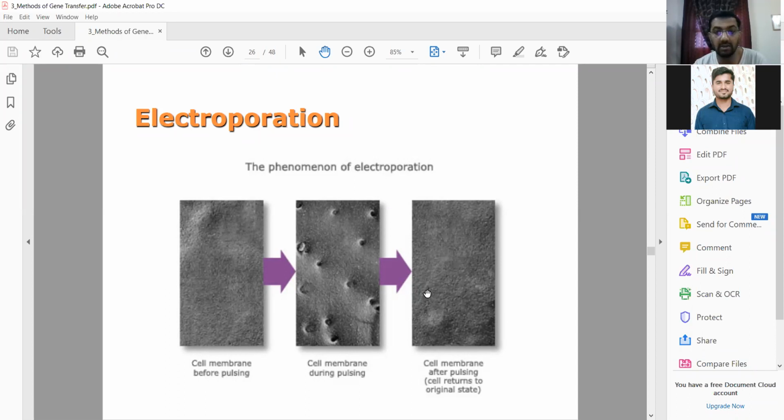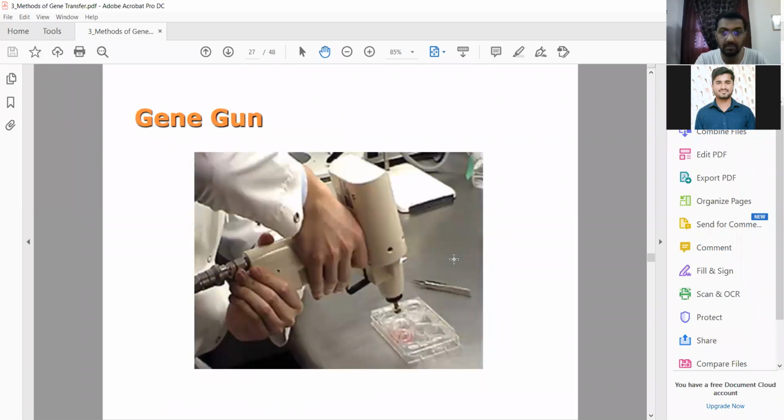And later on, when the pulsing or electric current is stopped, after a resting condition, the cell membrane would return to its original state. So electroporation just creates pores. The rest of the things are done in an autonomous manner, as the DNA enters into the cell.